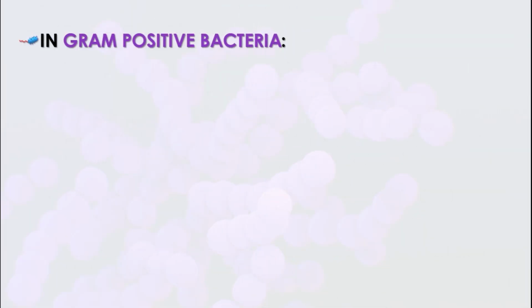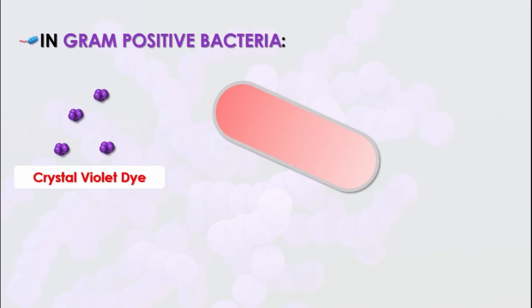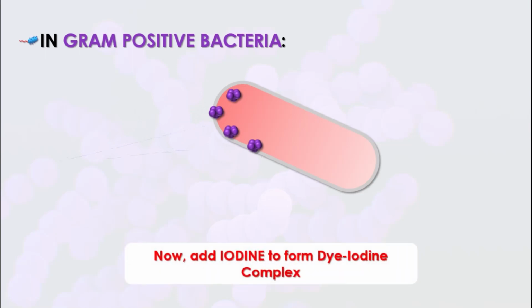Let us see this procedure, why the gram positive retain the crystal violet. You can see here the bacterial cell possessing the cell wall, and we are staining primarily with crystal violet. When you add the crystal violet, the cell gets stained violet in color, and in the next step we add the iodine, and it will form the crystal violet diiodine complex. All the bacterial cells, whether gram positive or gram negative, will stain with the crystal violet and iodine complex.